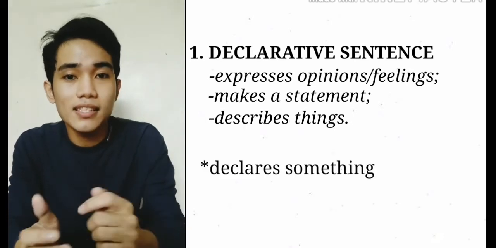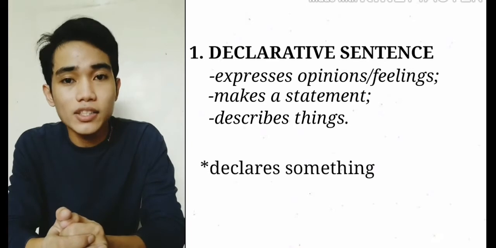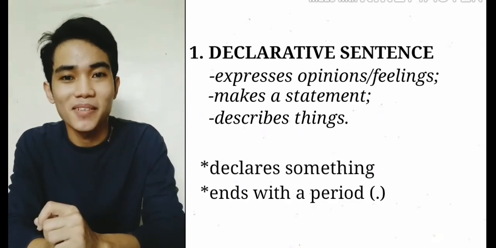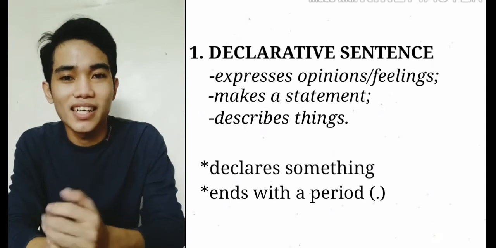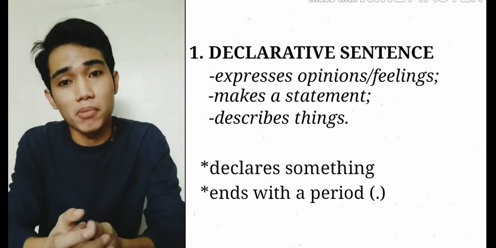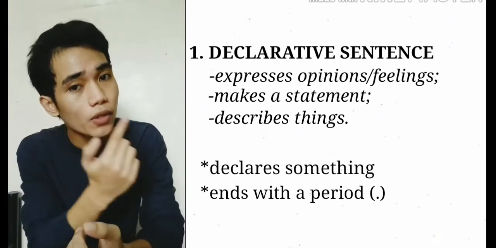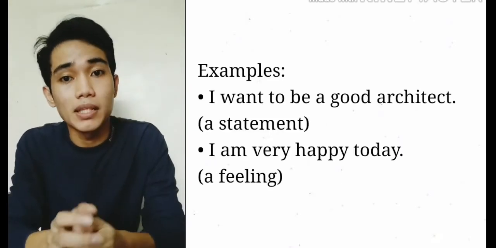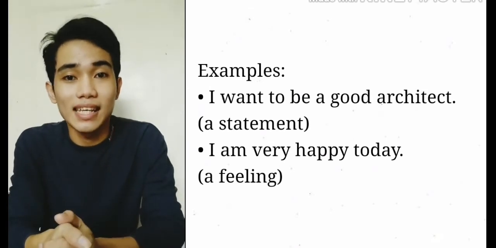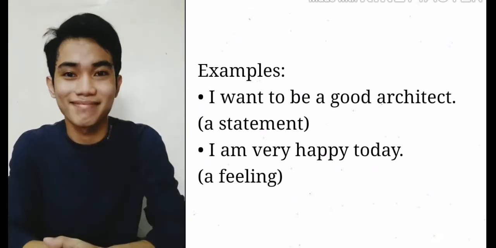And this type of sentence always ends with a period. See, it's very easy to understand, it's very easy to remember. I'll give you some examples for you to fully understand what type of sentence this is.